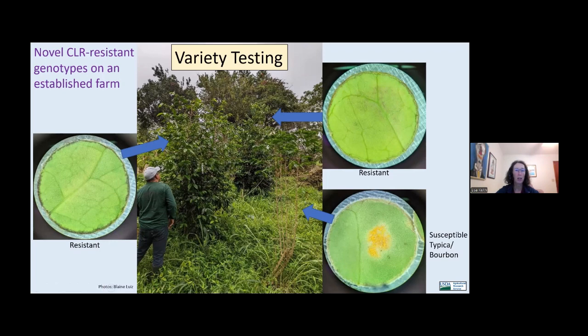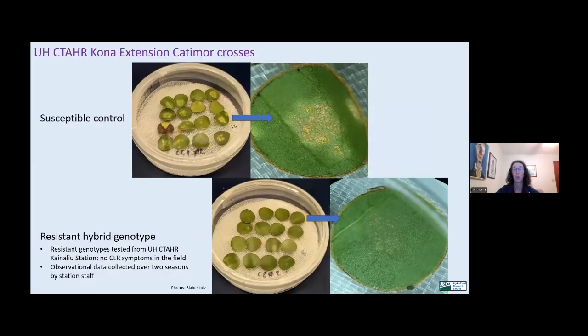So we started testing this material in the laboratory to see if it proved to be highly tolerant or resistant. We also partnered with the university, who had a large variety of Catimor crosses, another susceptible to, with Typica, the widely planted material.